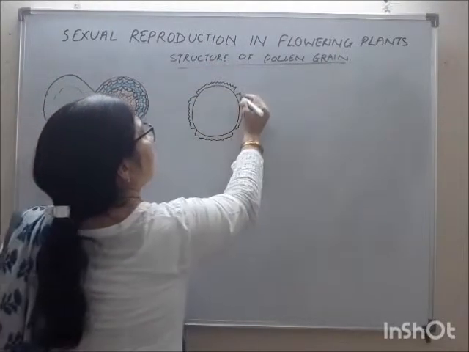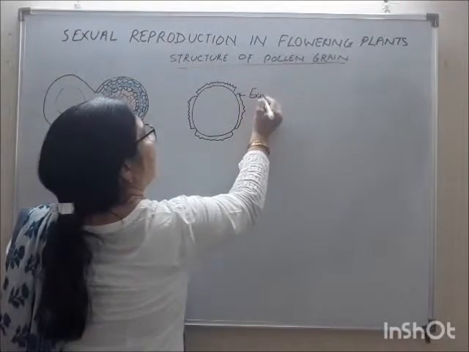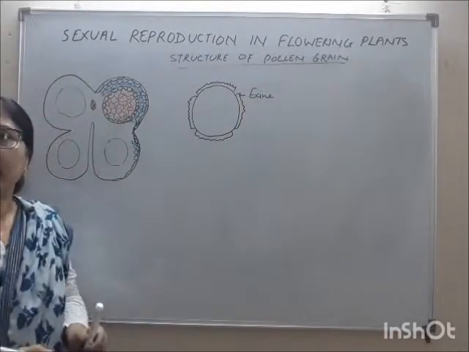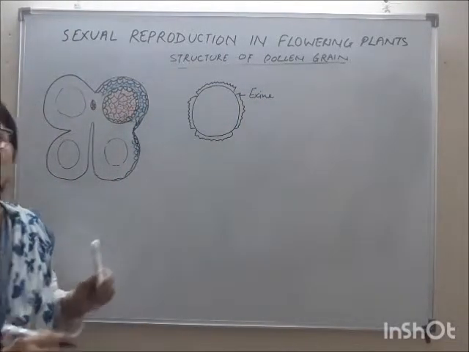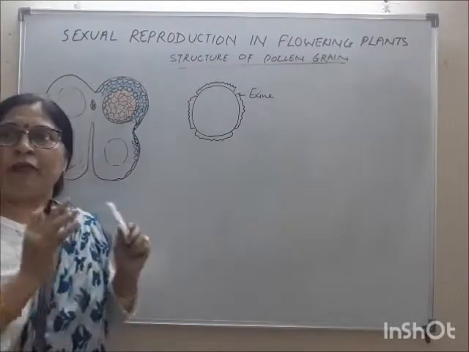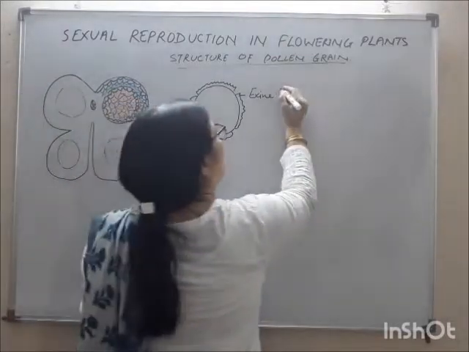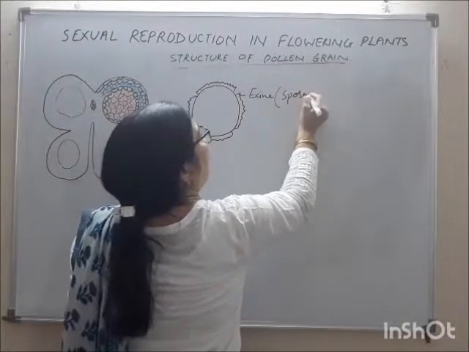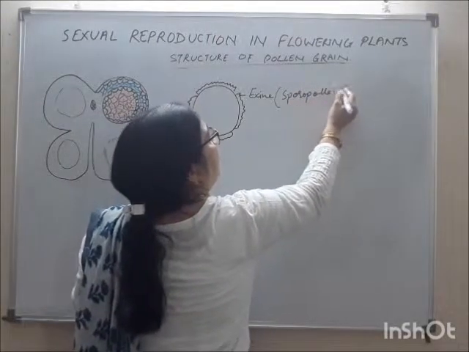The outer layer is known as exine. It is composed of a highly resistant fatty substance known as sporopollenin.